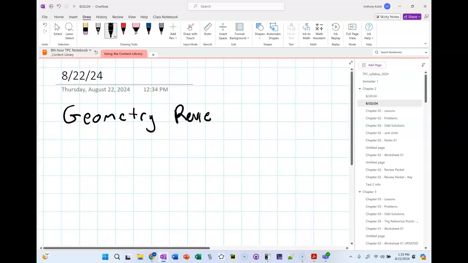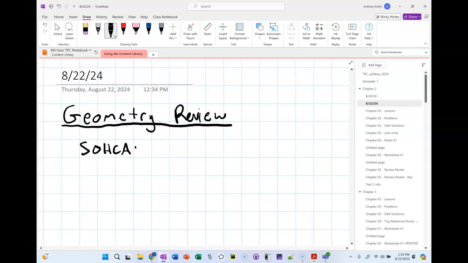So as we mentioned last time, from our geometry review, we talked about SOHCAHTOA, which was just an acronym to help us remember our definitions for sine, cosine, and tangent, right?